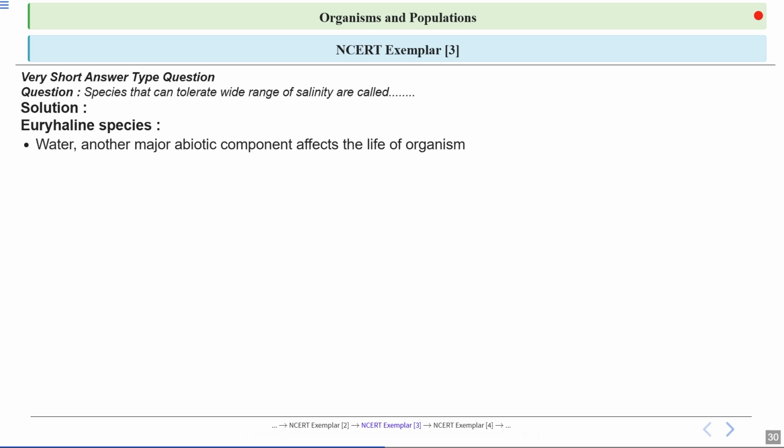We know water is a major abiotic component. It is a non-living factor that affects all organisms. Just like how we need a certain amount of water to stay healthy, aquatic organisms are dependent on the quality of water around them.